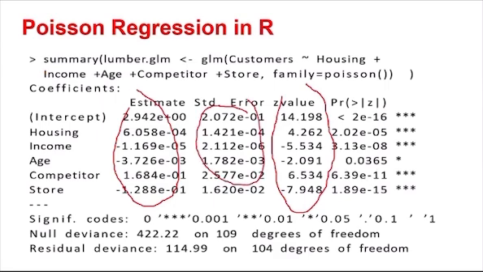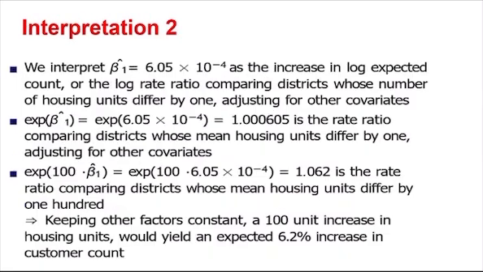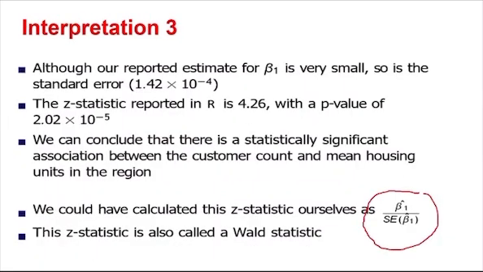It's still the same as in the t-test, except that they have different names. Does that make sense? Now, that very z-test is what we call the Wald statistic.